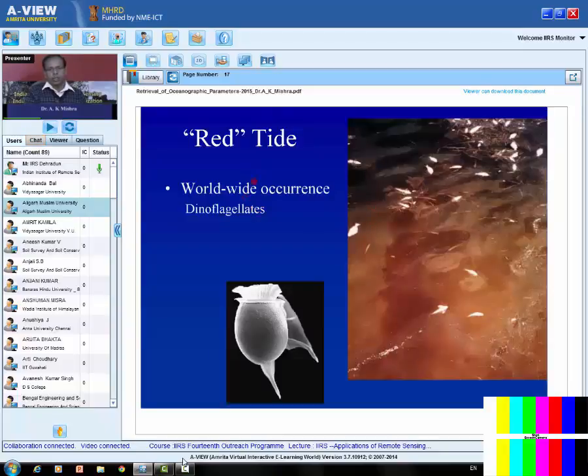So the red tides, the red tide occur worldwide, everywhere in the world. So the main are the dinoflagellates, which cause the bloom, and when the blooms happen, they release toxic substances which are hazardous for the marine environment.